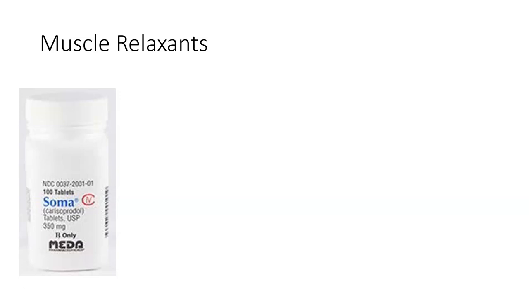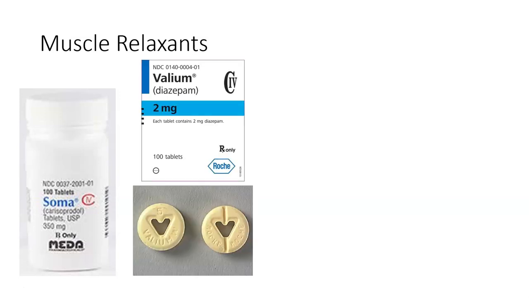Another really good muscle relaxant is actually a benzodiazepine. So diazepam, right? It ends in -pam or -zepam for a benzodiazepine. This is Valium. I just put the picture of the brand name from Roche Laboratories. They actually cut the V out of the center. Now, generic's not going to have that.